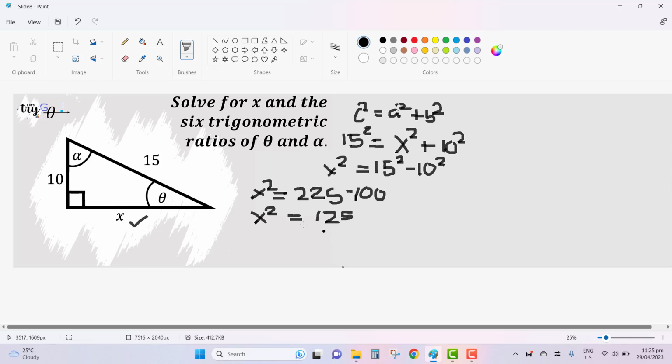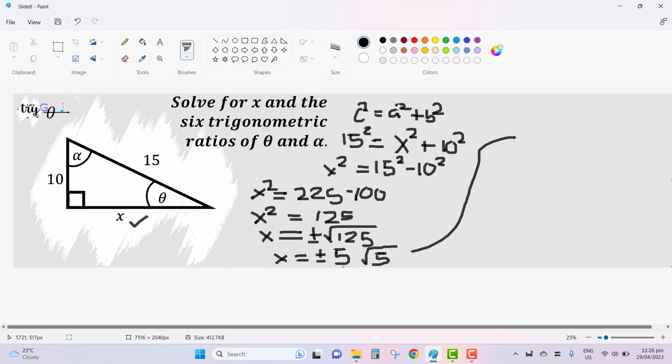Since we're solving for x and not x squared, we're going to take the root of both sides. So x is equal to, don't forget that it should be plus minus, square root of 125, which could give you a result of x equal to plus minus, simplifying this further, 5 square root of 5, because 125 is 25 times 5.